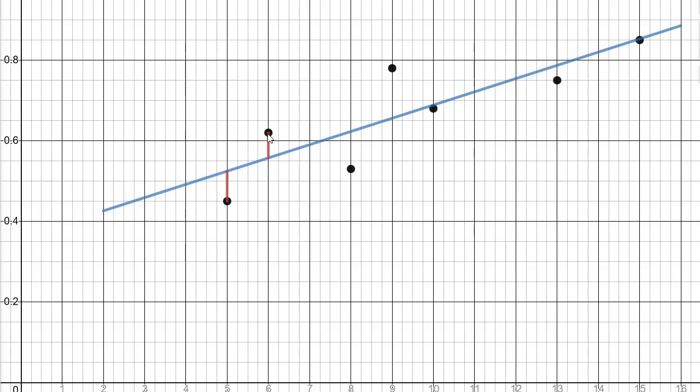The point was staying above the best fit line, and it's making a positive distance from where it is to where the line is. In that way, for the rest of the other points right here, every point makes some difference. Some points stay below the regression line, some other points stay above the regression line.